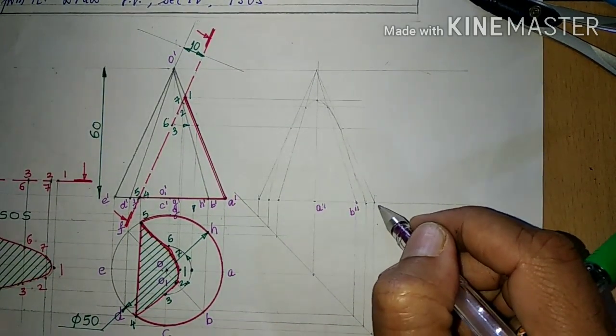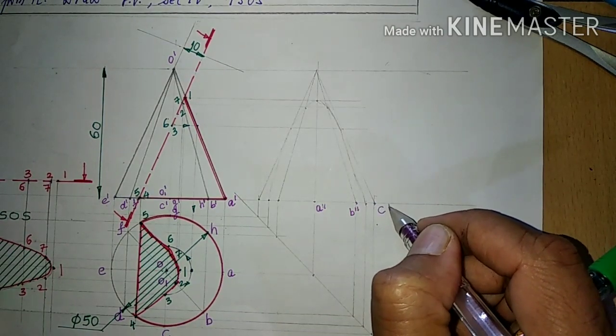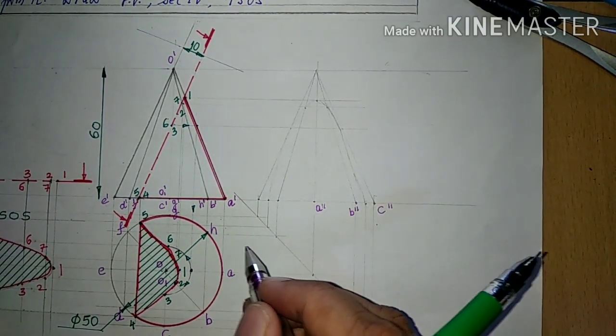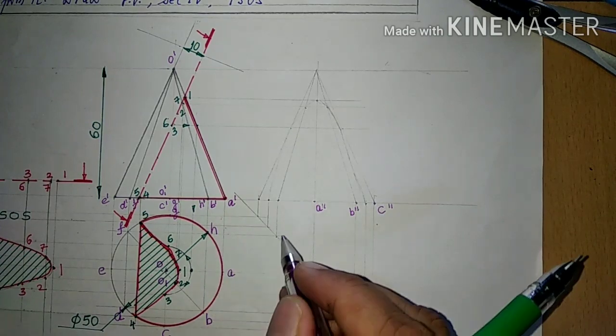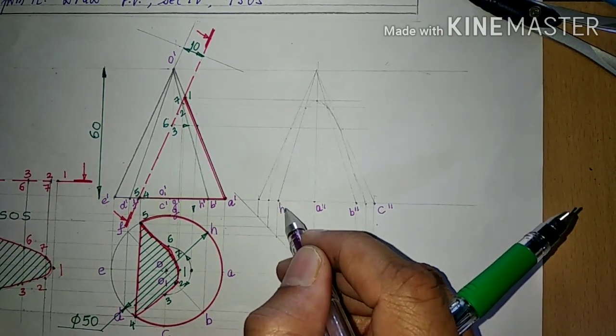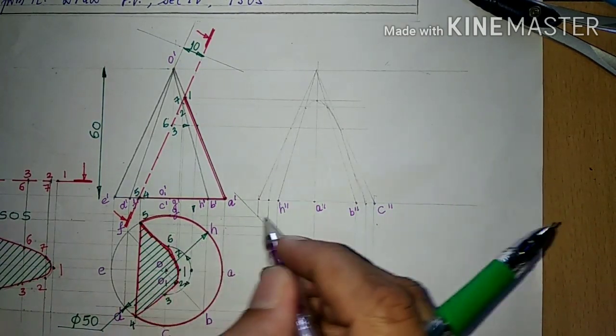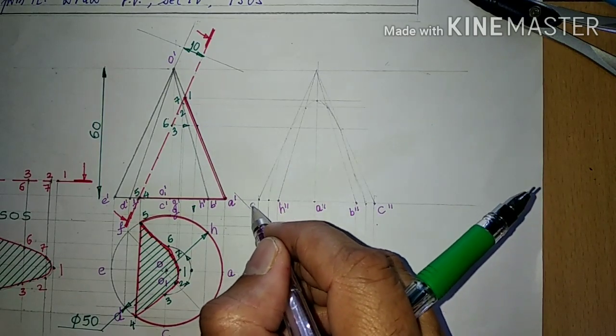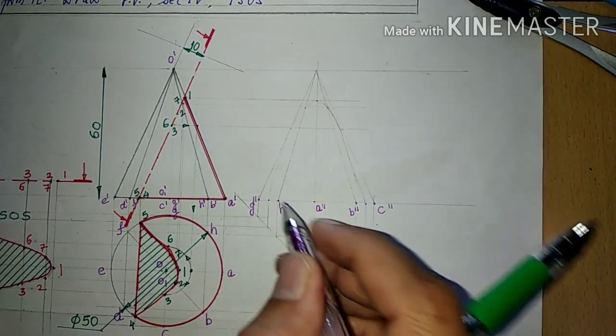this is C double dash, this is H double dash, and this is G double dash.